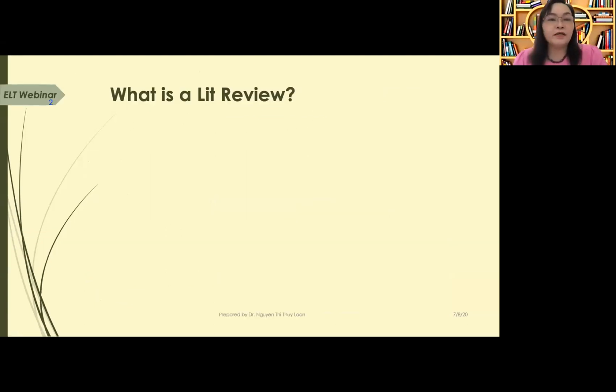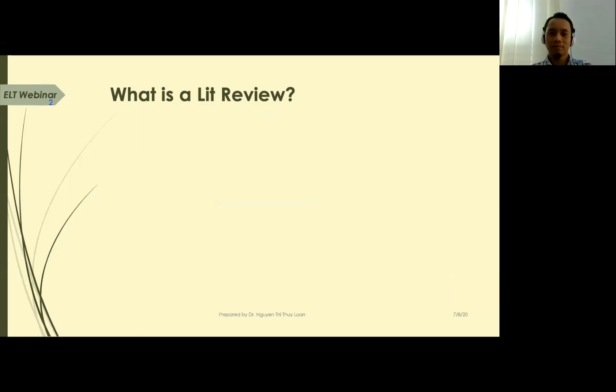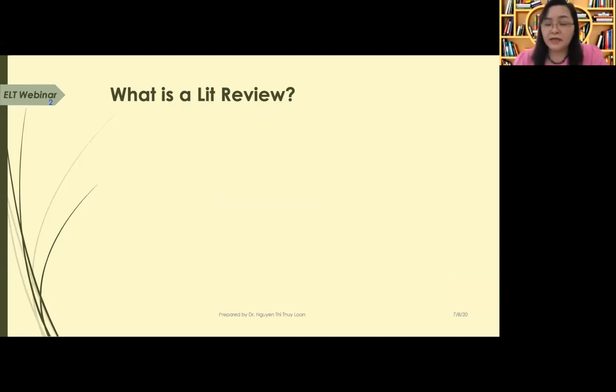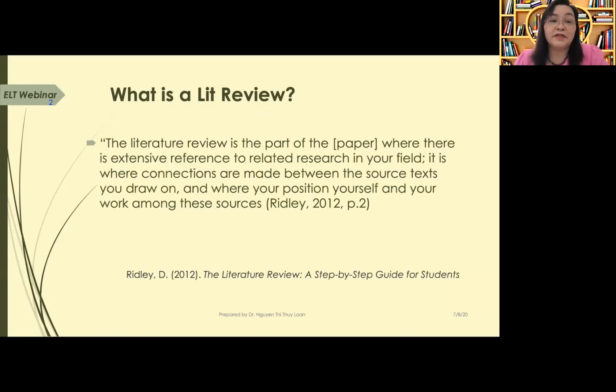So when we talk about literature, what is a literature review? Why do we need a literature review? Actually, a literature review is defined by many scholars in the literature, but I myself like this definition by Professor Ridley, 2012. It's just because her definition had three key components about the literature review. As you can see here, a literature review is an extensive reference to related research.